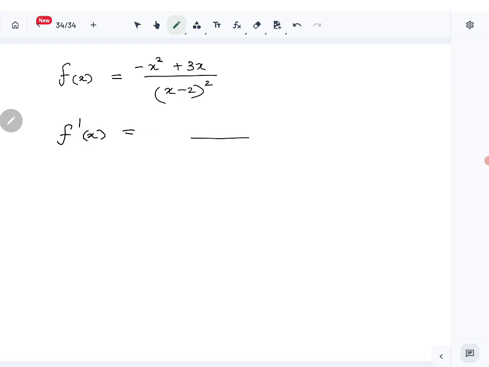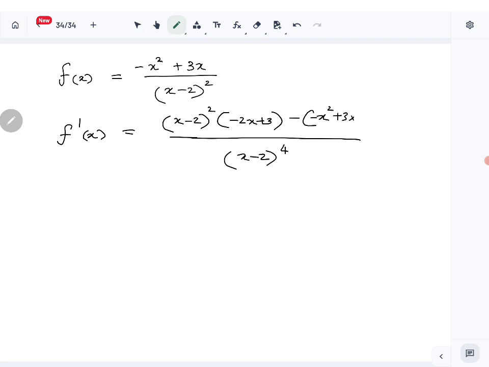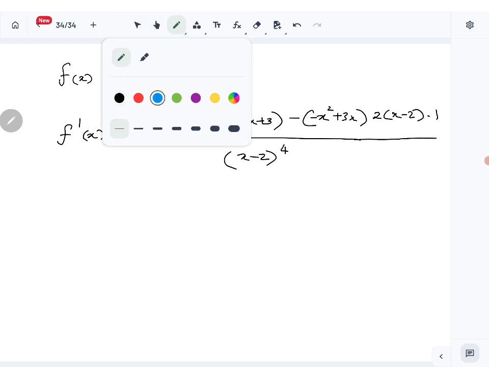Using the quotient rule, apply the quotient rule. The (x minus 2) to the power 4 in the denominator, and in the numerator: (x minus 2) squared into (minus 2x plus 3), minus (minus x squared plus 3x) into 2 into (x minus 2) into 1. Right, so now let's simplify. We can cancel what?